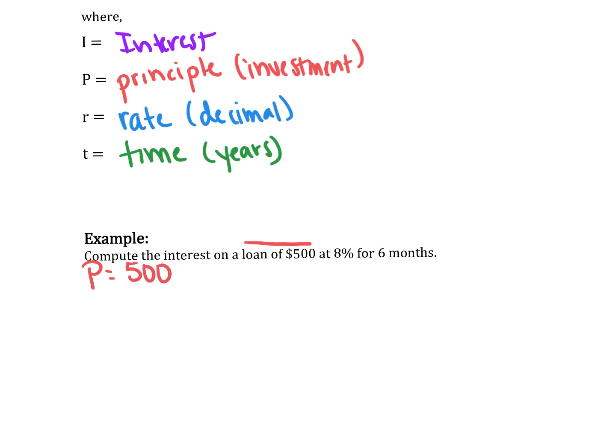And then the rate here, R, 8% expressed as a decimal is 0.08. And T, time, we want to write our time, 6 months, in years. So T is equal to 0.5 years. Always express that as years. And so the interest, I is equal to, remember, PRT.